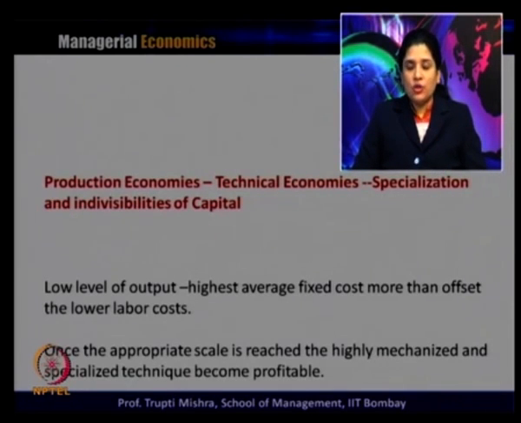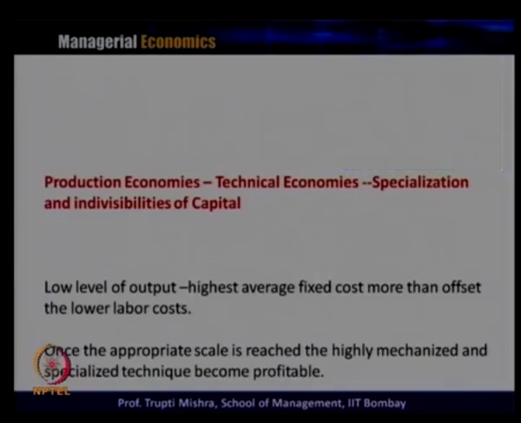But once the scale is reached, once there is a large scale, we can call it an appropriate scale, the highly mechanized and specialized technique becomes profitable. Why is it profitable? Because at a large scale generally the fixed cost gets spread over a larger level of output, and in general the unit cost comes down, which leads to economies of scale or a cost advantage for the firm.